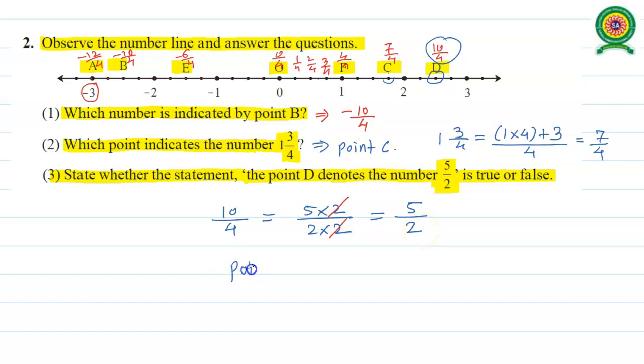So point D, where we have 10 by 4, means 5 by 2, because 10 by 4 is equal to 5 by 2, which is the least form of the fraction. So the statement "the point D denotes the number 5 by 2" is true. So our answer is true for the third sub-question.